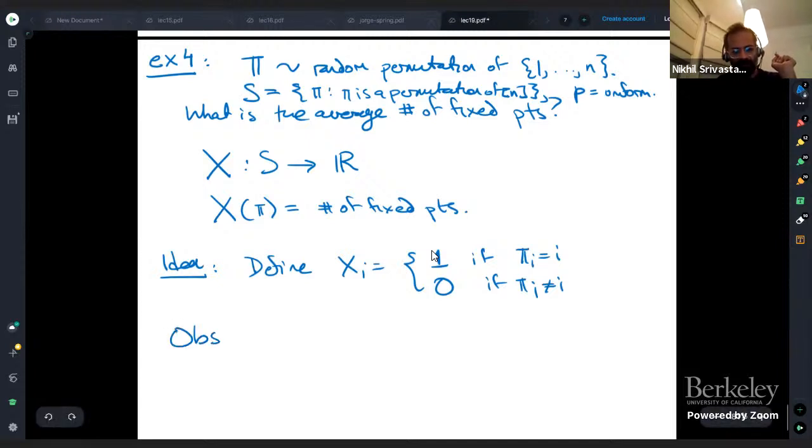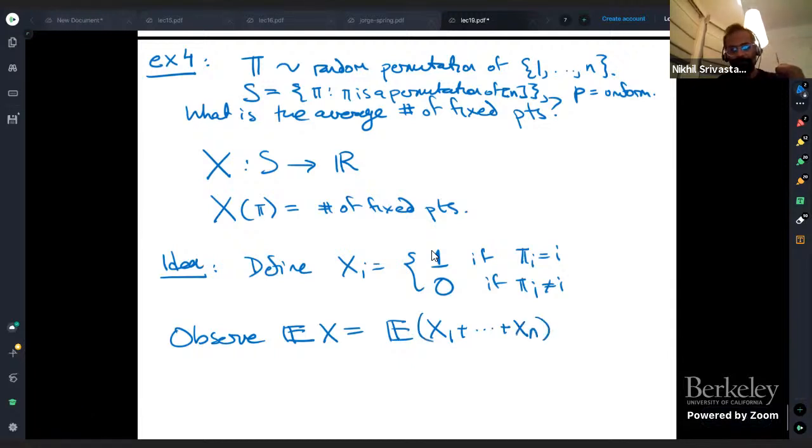Now observe that the expectation of X is the expectation of the sum of these X_i's, right? Because the total number of fixed points is the sum of these, where for each one I get a 1 if that thing is a fixed point. And by linearity, that's just the sum of the expectations.